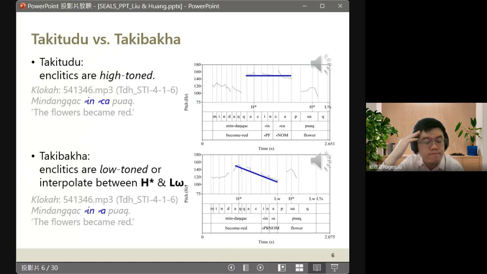We can find that the enclitic syllables in and za are both high toned, along with the last syllable of the last content word here. While in Takibaka, enclitics are impressionistically low toned, or acoustically speaking, we can see that there is an obvious interpolation between the H and L targets. So it is pronounced like Mindangkajina Boak.